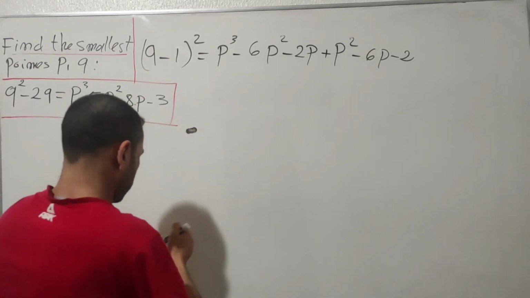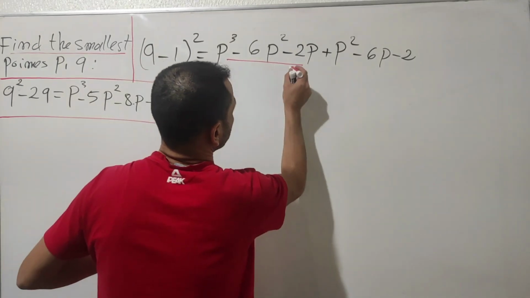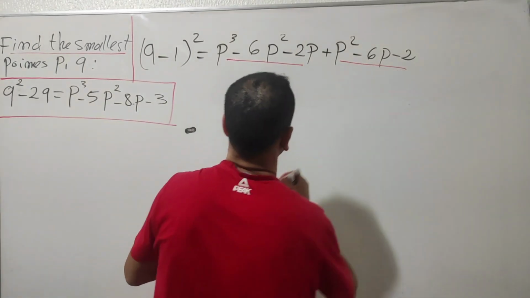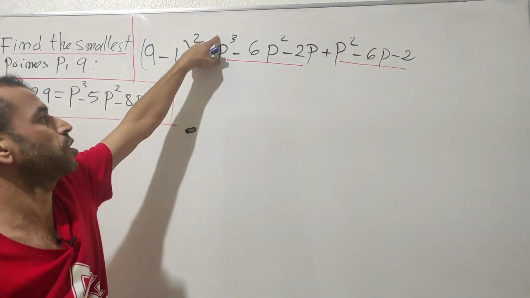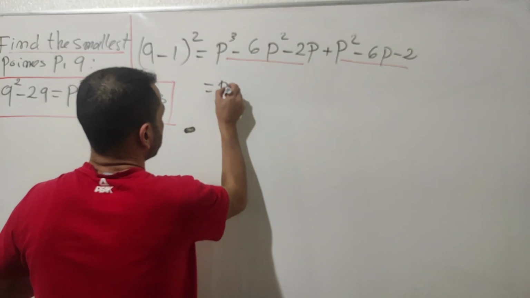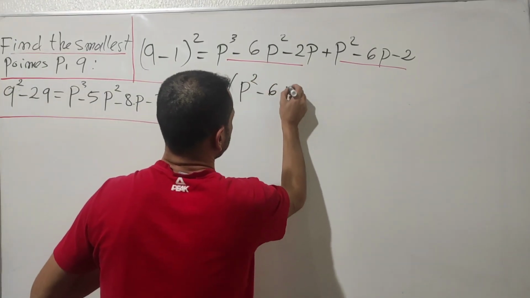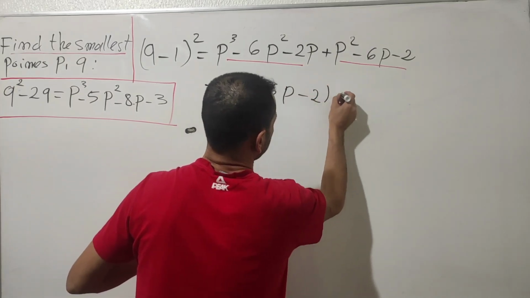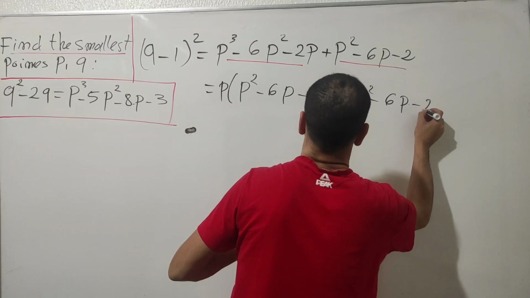So if you take a look at these three terms here, they are almost the same. We just need to take p here as a common multiplier. So we get p times (p squared minus 6p minus 2) plus (p squared minus 6p minus 2).